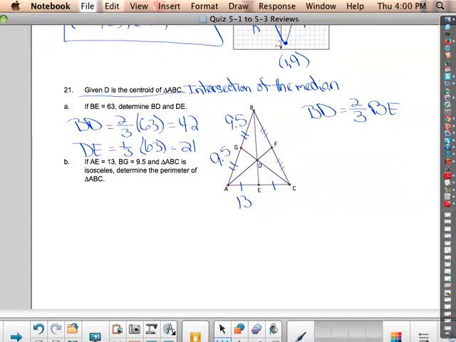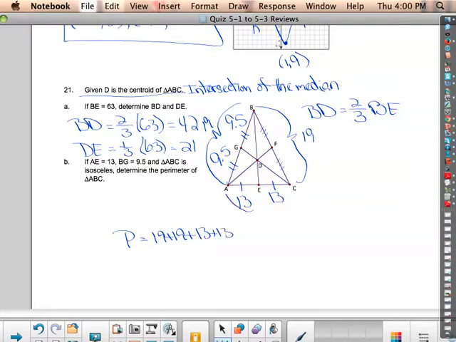If it's isosceles, this whole side is 19. That means that this whole side would also be 19. So the perimeter is going to be equal to 19 plus 19 plus 13 plus 13. This side is 26. So that's going to give me a perimeter of 64.